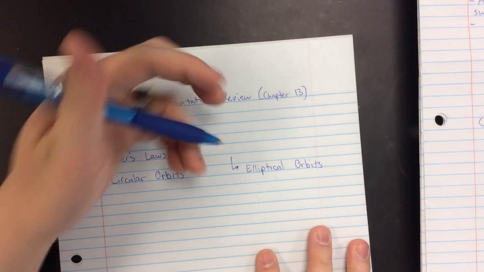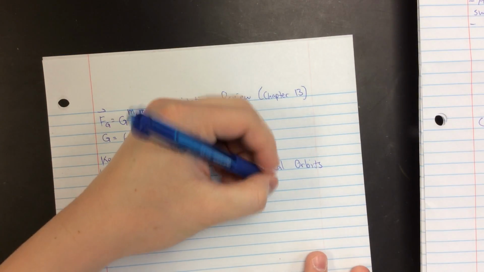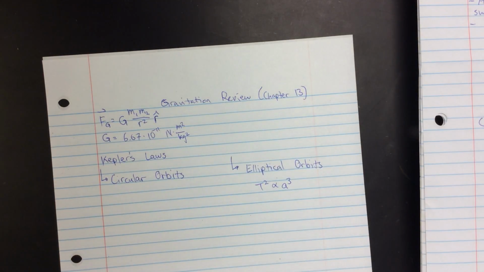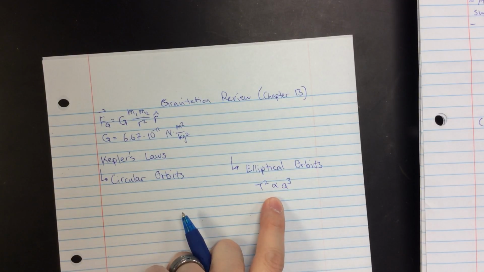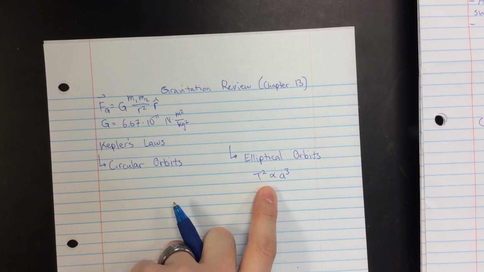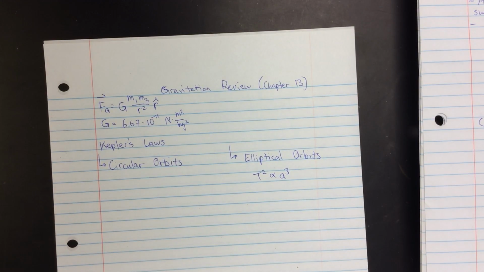So generally speaking, okay, you can say that the square of the period is proportional to the cube of the semi-major axis. But again, in terms of making a more exact mathematical statement, that's kind of hard to say for elliptical.